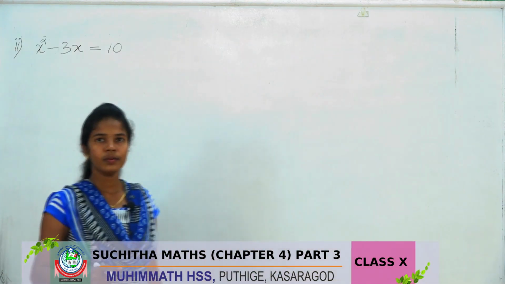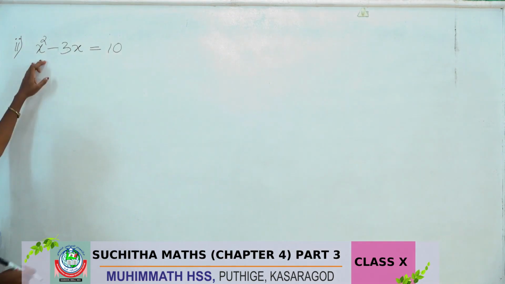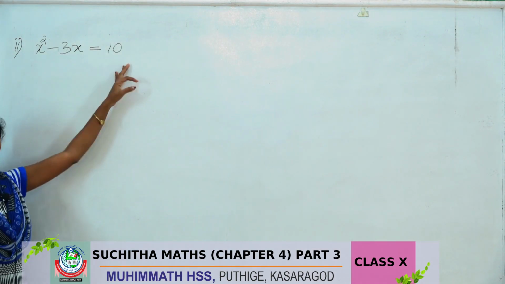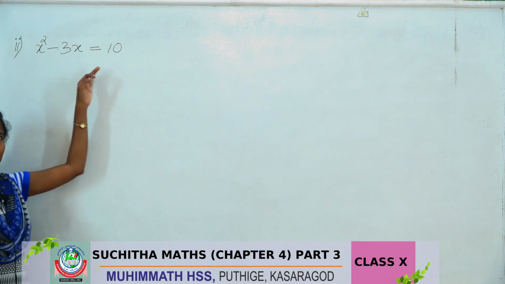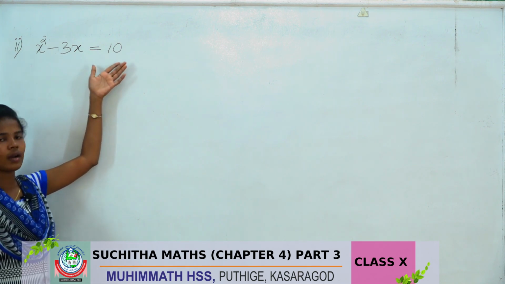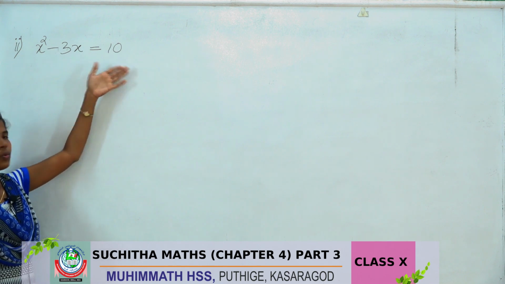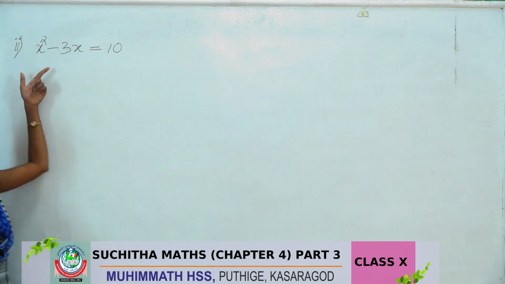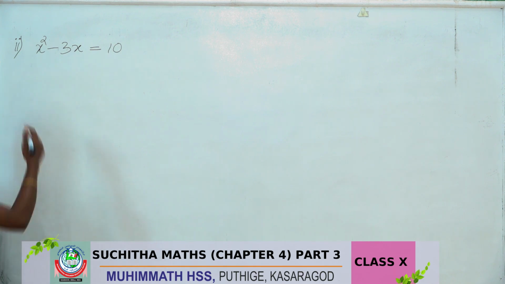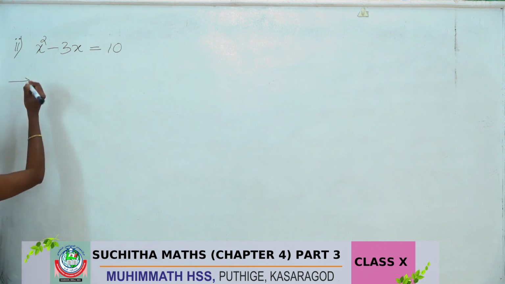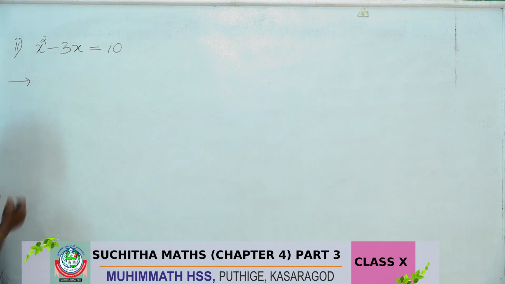Understood? Now the second question, x square minus 3x equal to 10. It is not in the form ax square plus bx plus c equal to 0, so we have to convert this into the form equal to 0. It is in the form ax square plus bx equal to c. So first you have to convert this into the form ax square plus bx plus c equal to 0.